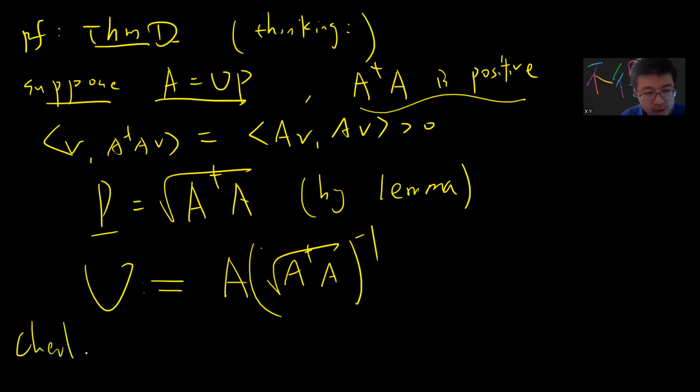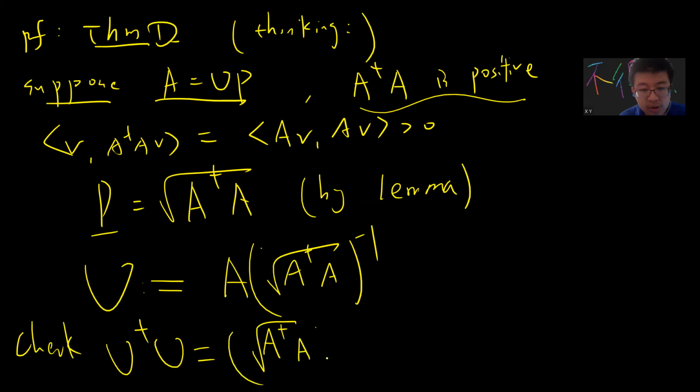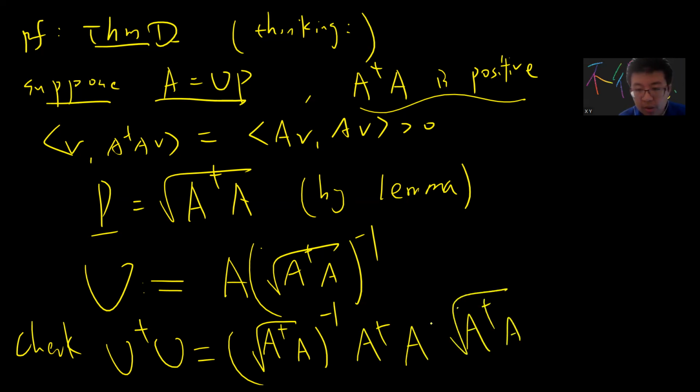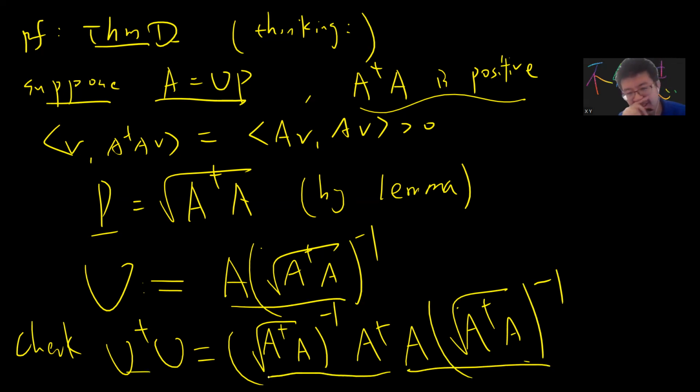And obviously I can check U dagger U. It will be the inverse of the square root of A dagger A, times A dagger A, times the inverse of the square root of A dagger A. This is U dagger, because this guy is self-adjoint.